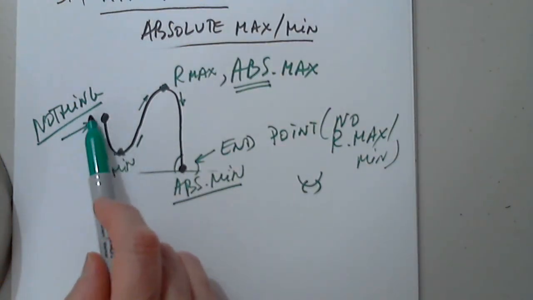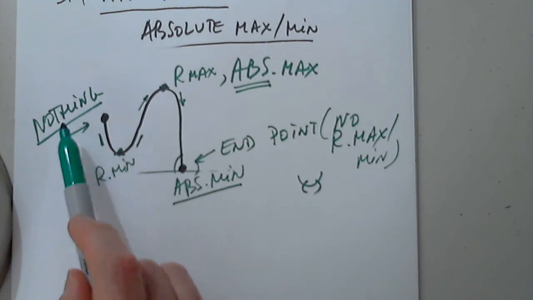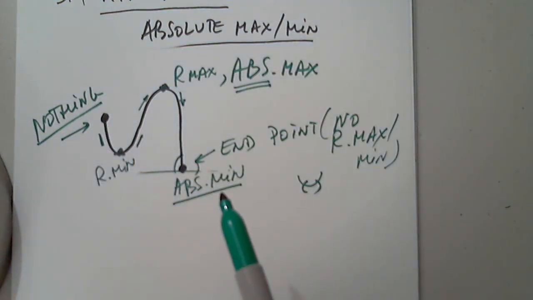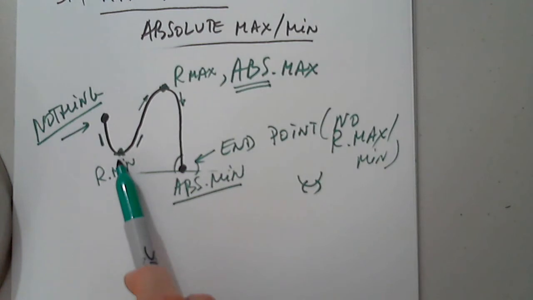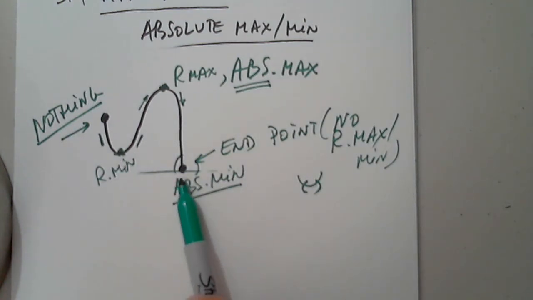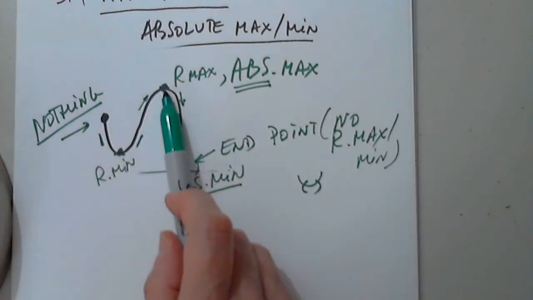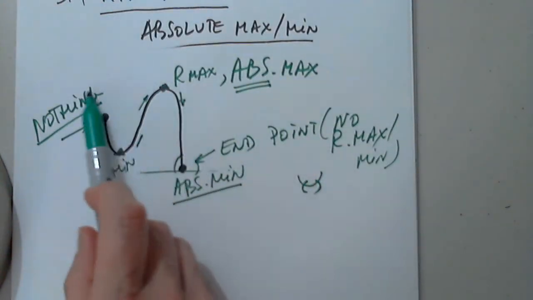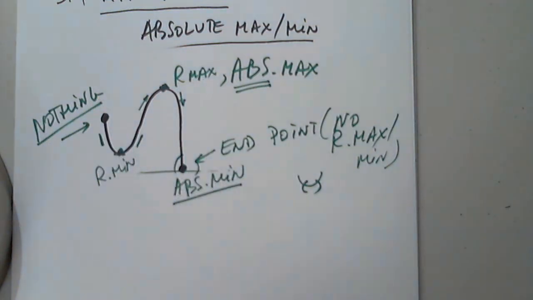The function does not exist on this side. So this is an endpoint. It's not the absolute max or absolute min. This is nothing. This is just relative min. This is the absolute min, but not relative. And this happens to be the relative max, but also the absolute max, because there is no other value higher than it.